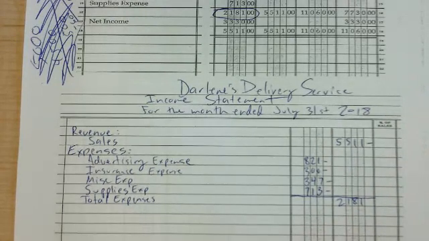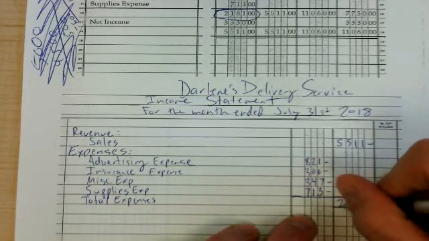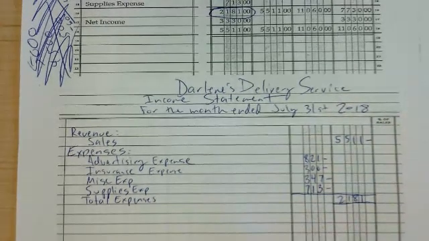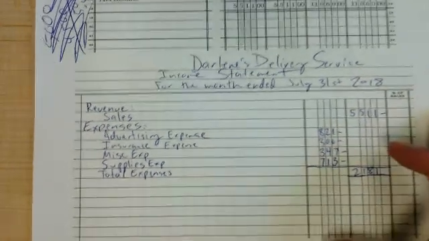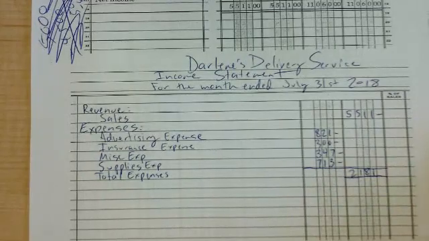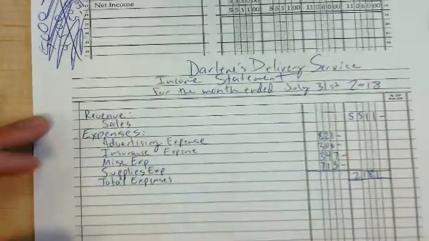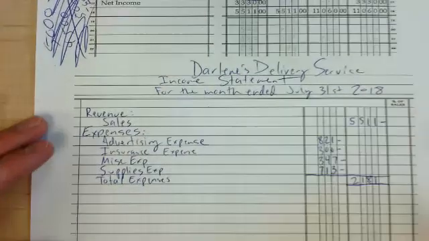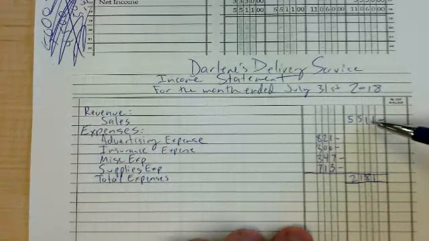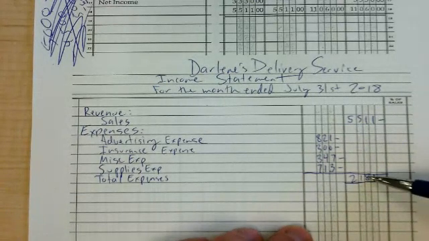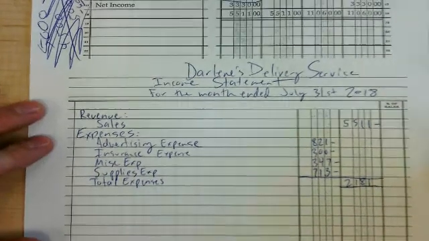So now, logically, we're going to write one line underneath this, and we're going to find our net income, and that's going to be your last kind of category. We're going to have a net income because sales is greater than expenses, so that's a good thing.